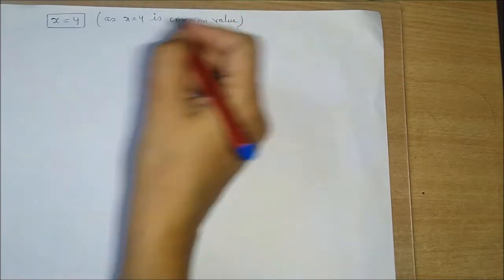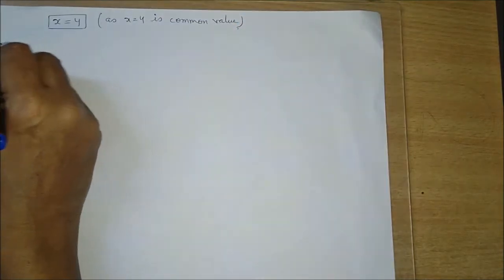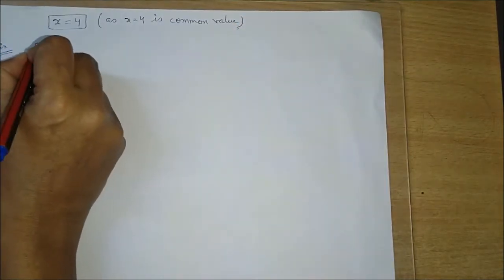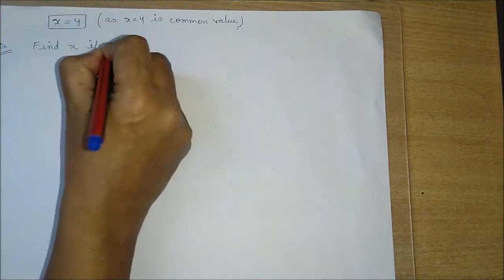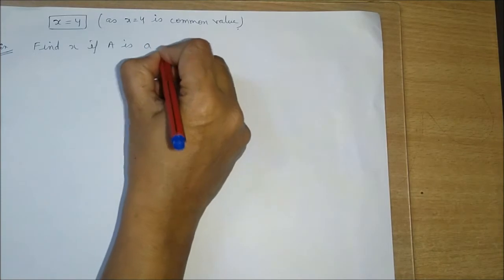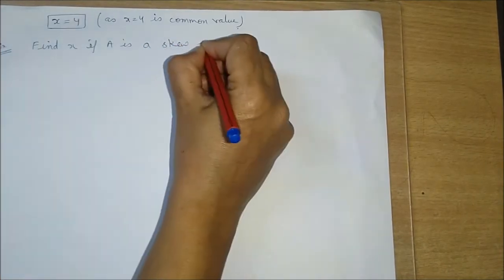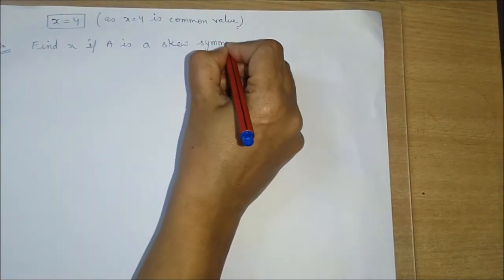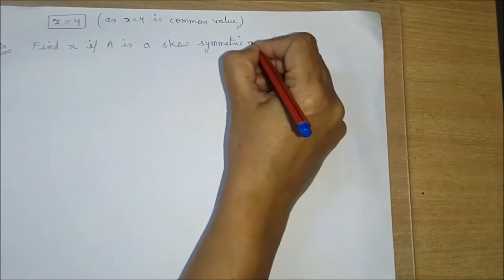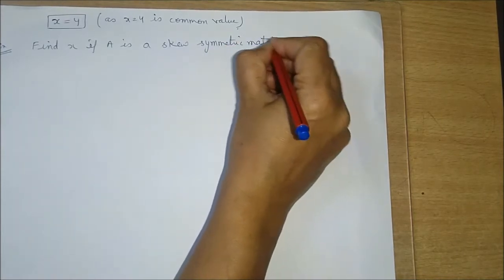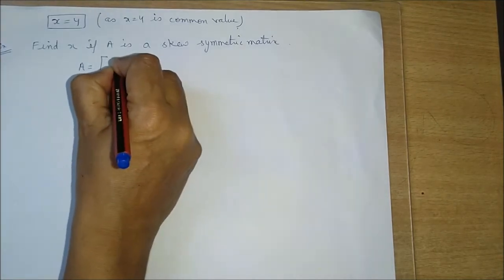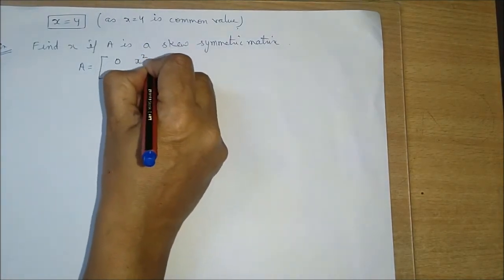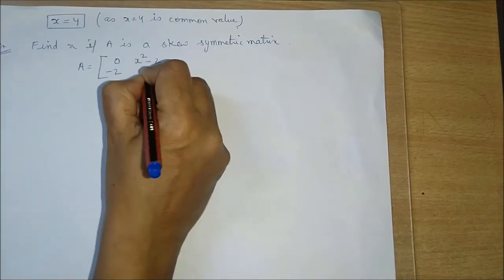Let us consider one more example. Find x if A is a skew symmetric matrix. A equals to 0, x square minus 2, minus 2 and 0.